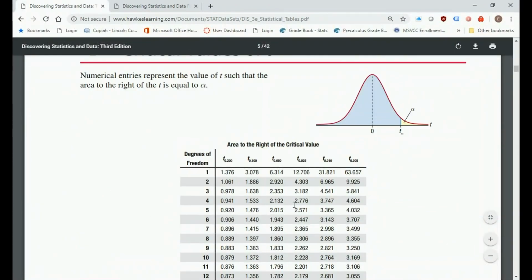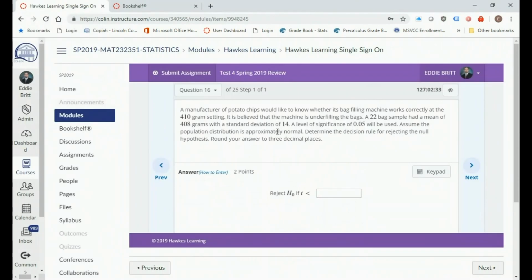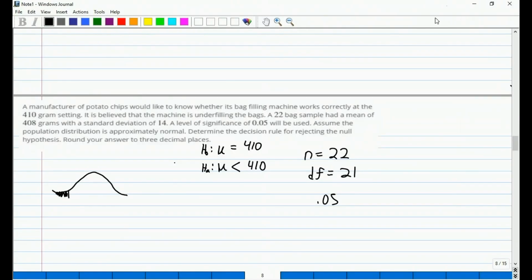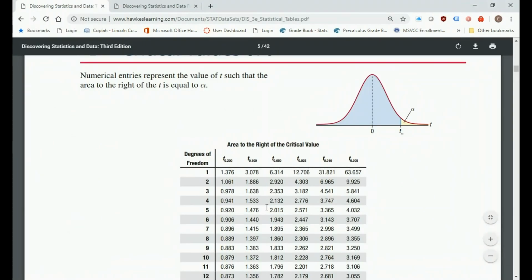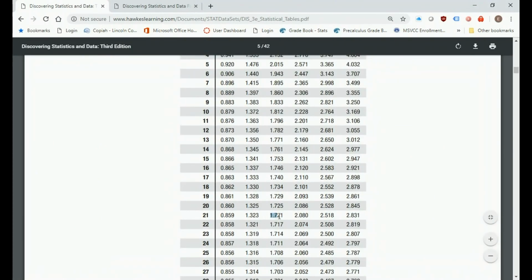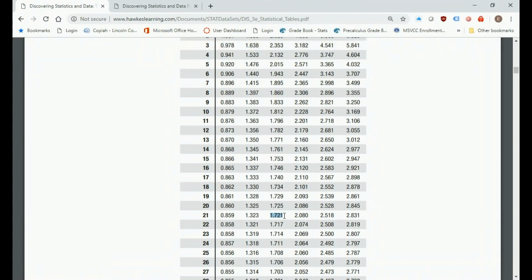All right, and we were at the 0.05, so that's right here in the middle. And then the degrees of freedom, let me double check, was equal to 21. I guess I could have looked here, 21. So I need to go down to 21 on my table, and I'm in the middle column. And 21 is 1.721. All right, but remember I told you, since it was left-tailed, I have to make it negative. If it was right-tailed, I would keep it positive.